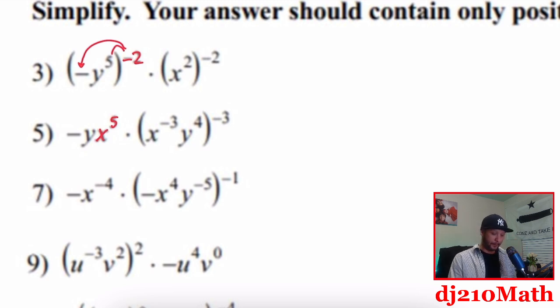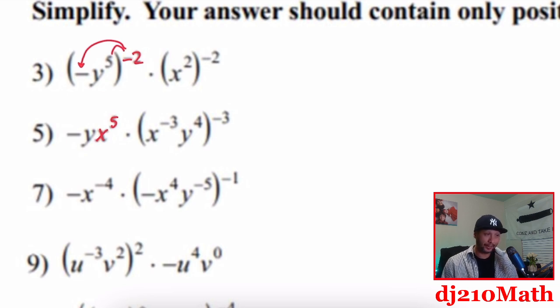So back to number 3, the -2 applies to the negative and it applies to the 5. If the exponent is applying to the negative, there's only 2 possible outcomes. Either the negative will stay or the negative will go away. The way we remember that is we look at the even or oddness of the exponent. So -2, I don't really care that it's negative.